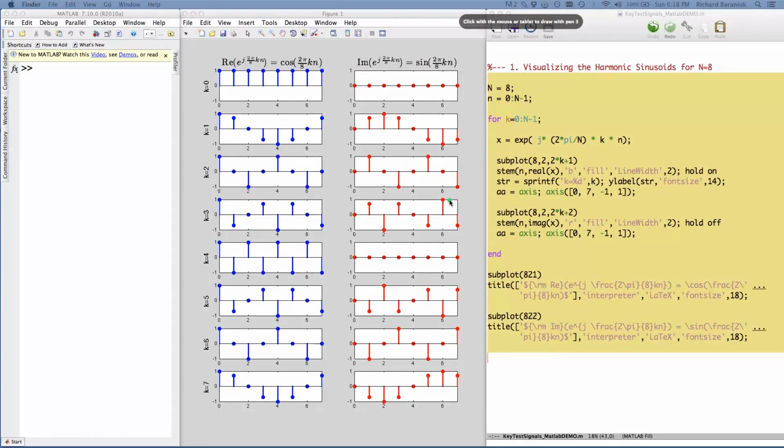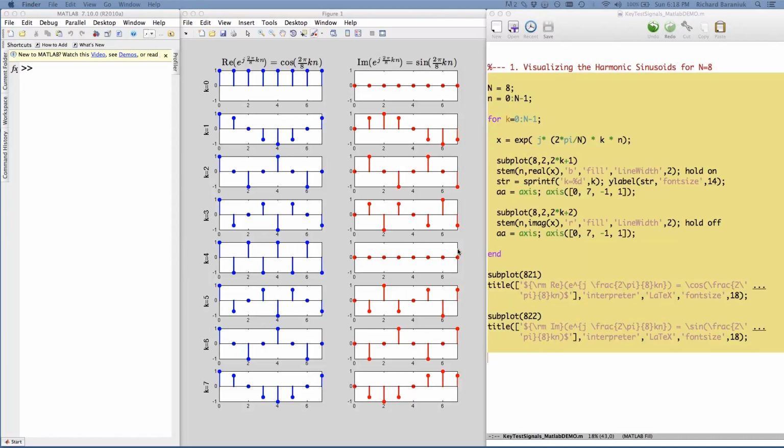And at k equals 4, which is quite interesting, and we'll look at this in more detail, we have the highest possible frequency because our signal is bouncing between +1 and -1. You can't imagine flipping any quicker than that. K equals 4 is also interesting because the imaginary part equals 0.